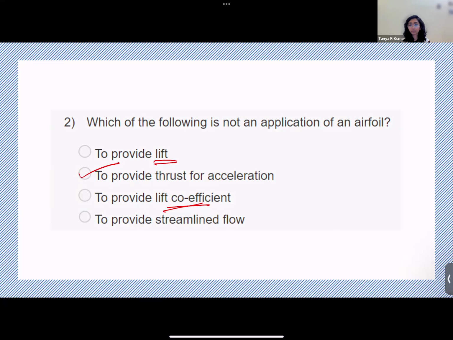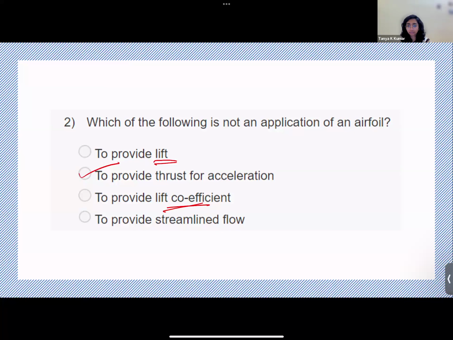Yes. What is streamlined flow? Can you tell me? Laminar flow. Yes. What is laminar flow? Can you define that in simple terms?